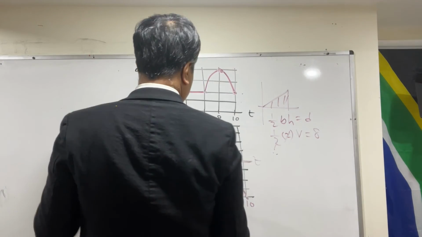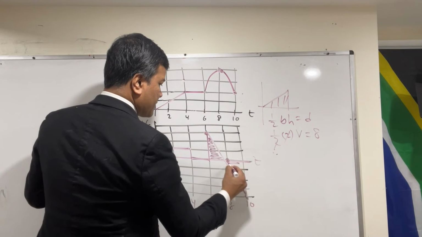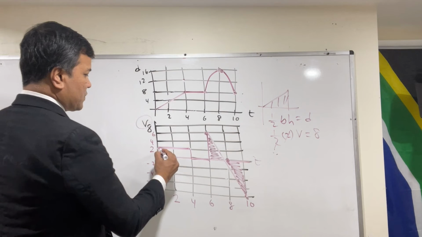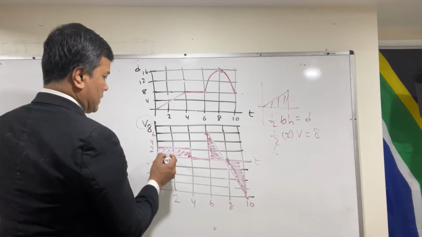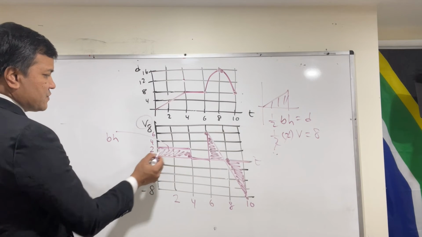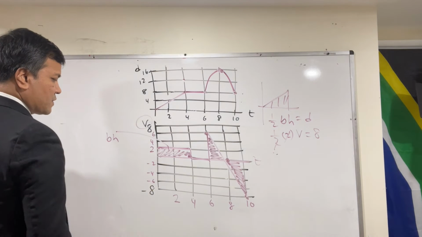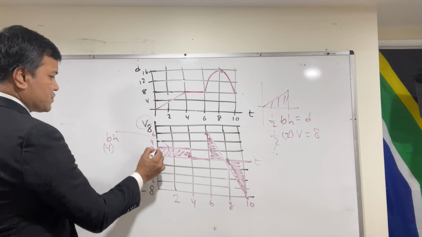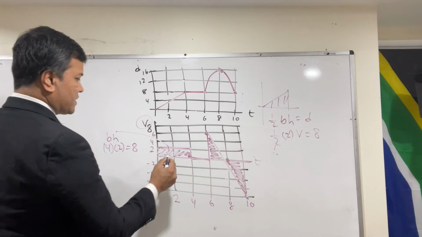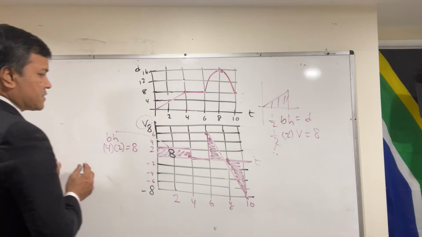All right, so this area and this area, you're going to add them up. We're going to find the distance and displacement both. This area is BH, because this is a rectangle, so B is 4 minus 0 and H is 2, so this area is 8.